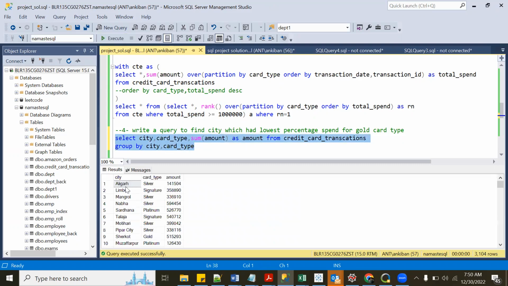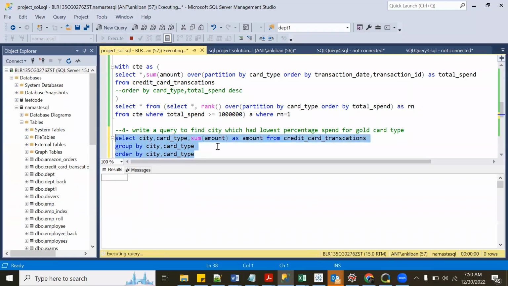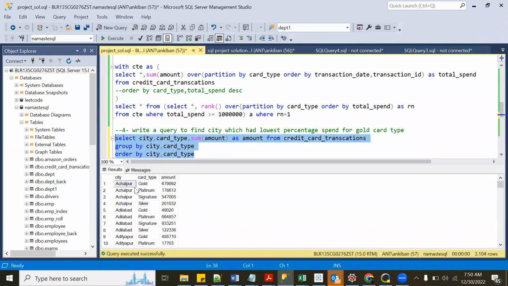Okay. So what we are seeing is for each city, let me sort it by this. For example, this city, Achalpur, it has done this much sales for gold, this much transaction on platinum, this much on signature, and this much on silver, right?